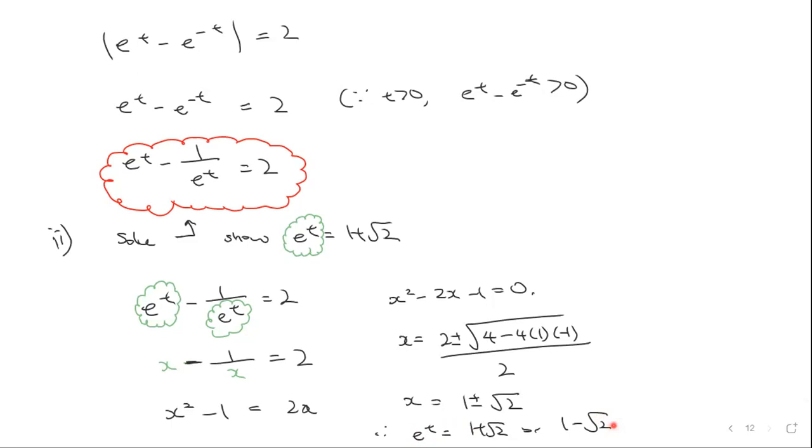Now, 1 minus root 2 is not positive, it's going to be negative 0.414 or so, whereas 1 plus root 2 is. So because this is negative, you would say, therefore, e to the t equals 1 plus root 2 only. And that is how you do that question.